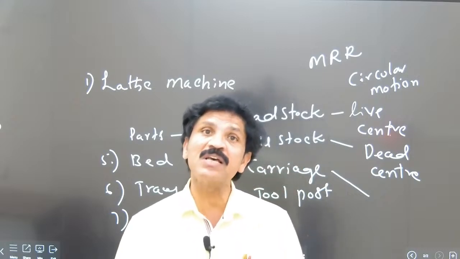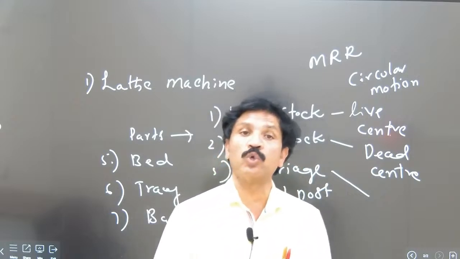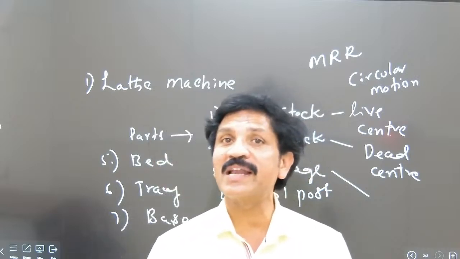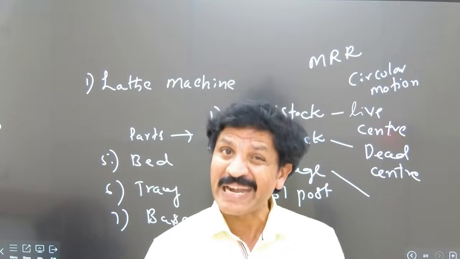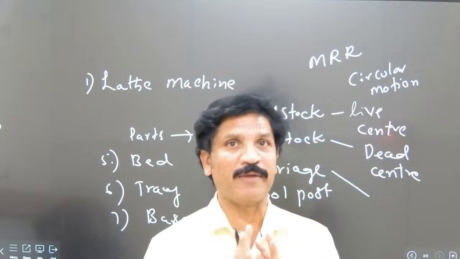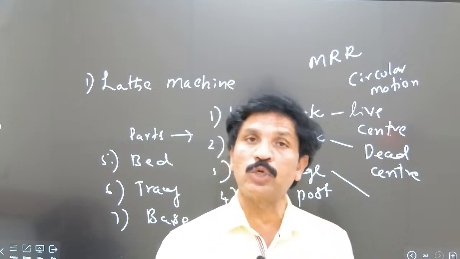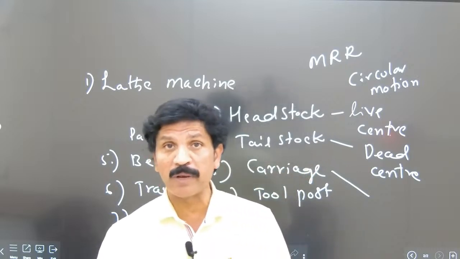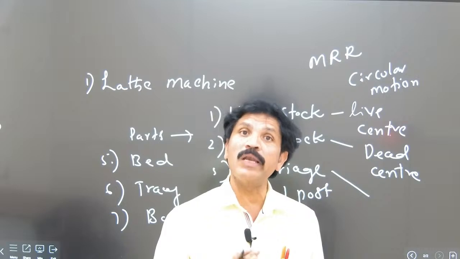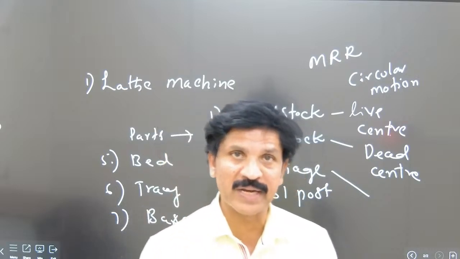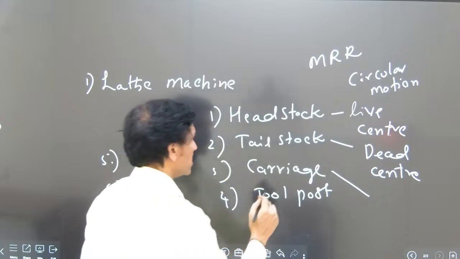For example, if the tool is not fixed firmly, deviations occur, and it may not penetrate the workpiece firmly. So before we operate the tool, it has to be checked whether it is fixed strongly or not. Then only can we operate the machine. Okay, so that is about the carriage.